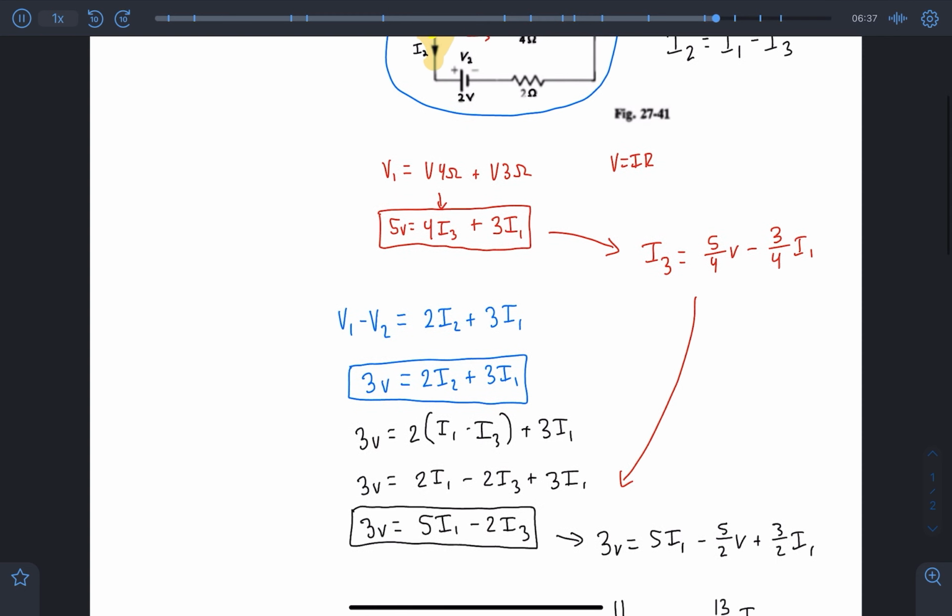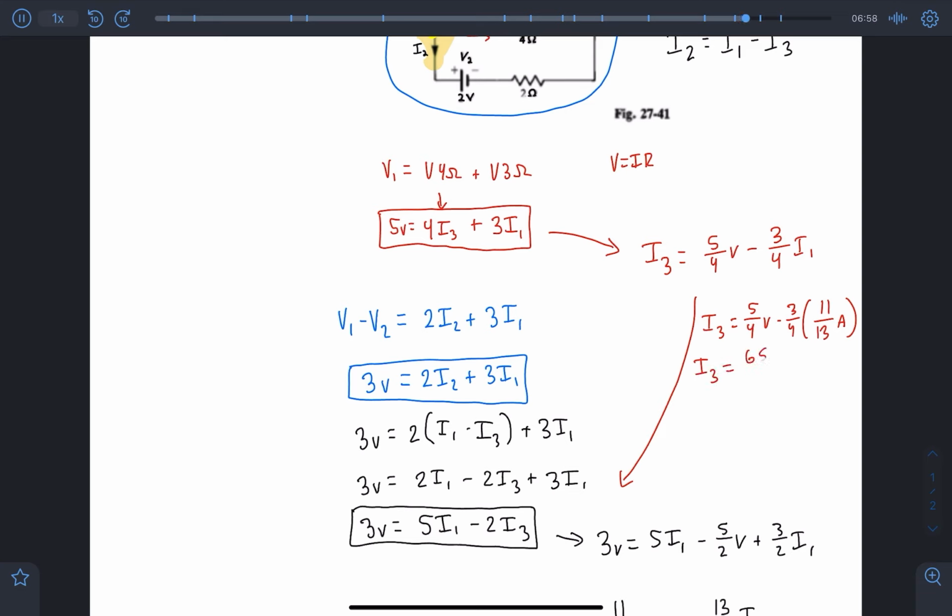So we've got I3 is equal to 5/4 of a volt minus 3/4 times I1, and we can substitute in 11/13 amps. Next, we can distribute out our 3/4 and get a common denominator.